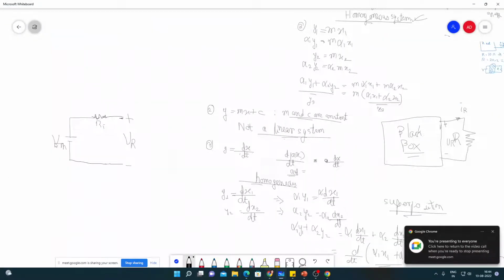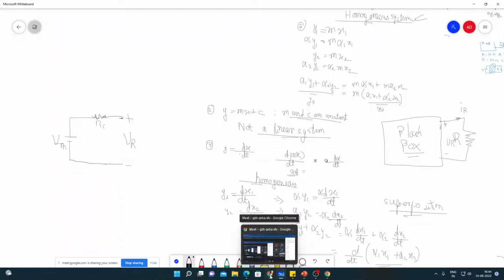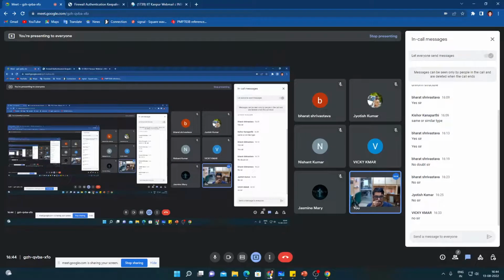No current is flowing through the resistance because it is open. So what will be the voltage? How much is the voltage? It's open, so no current is flowing.